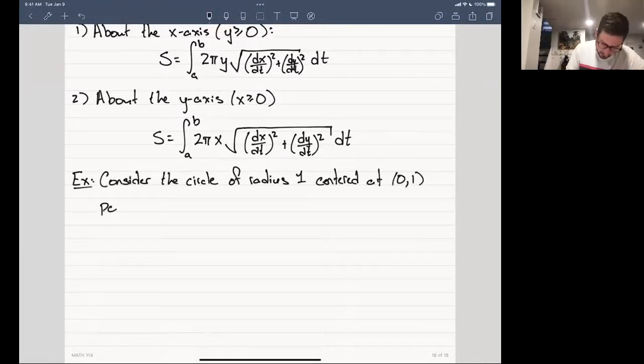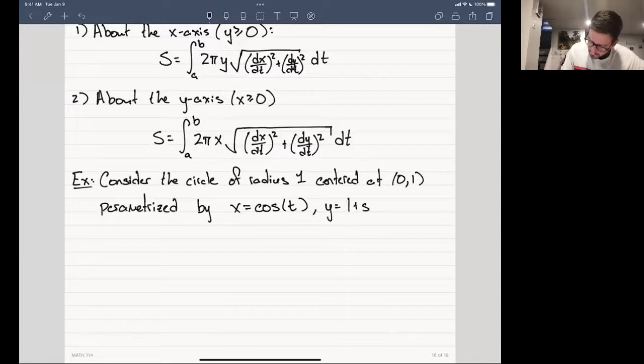And it's going to be parameterized by, this is a fairly standard parameterization, x equals cos of t, and then y is equal to 1 plus sine of t. So that center at 0, 1, that's just coming from shifting y up. And we're going to let t run between 0 and 2 pi.